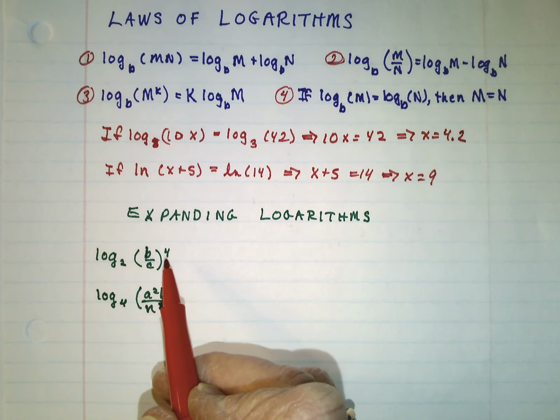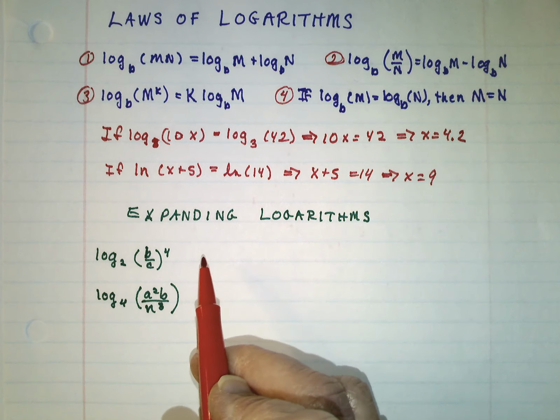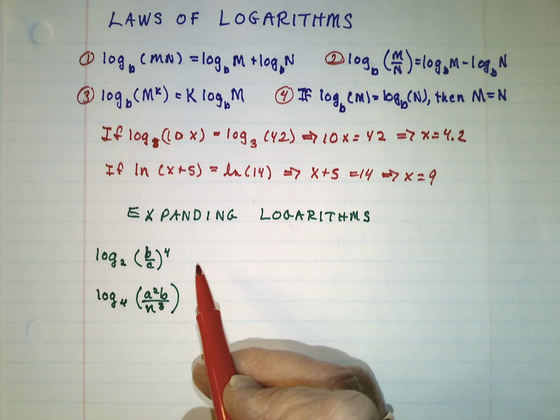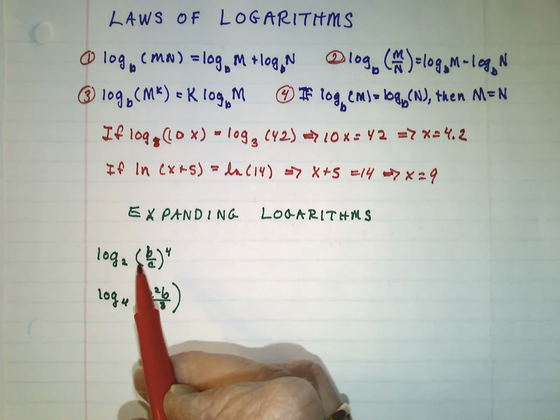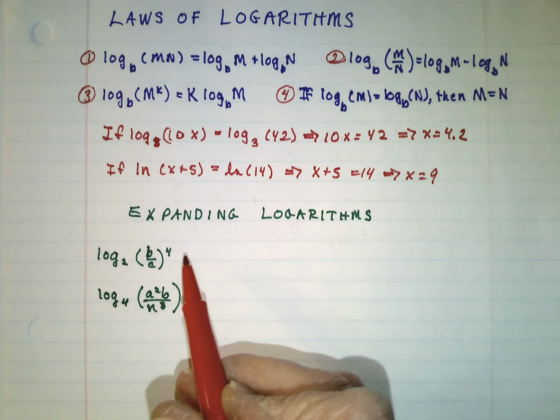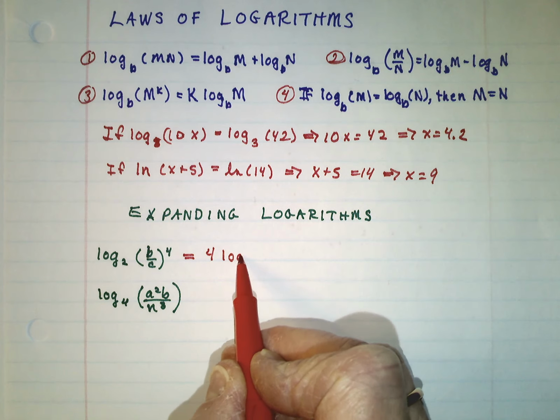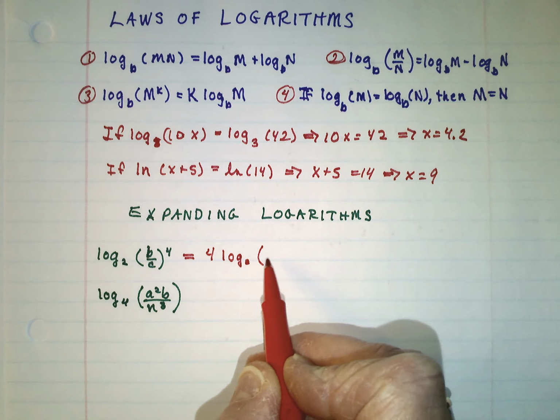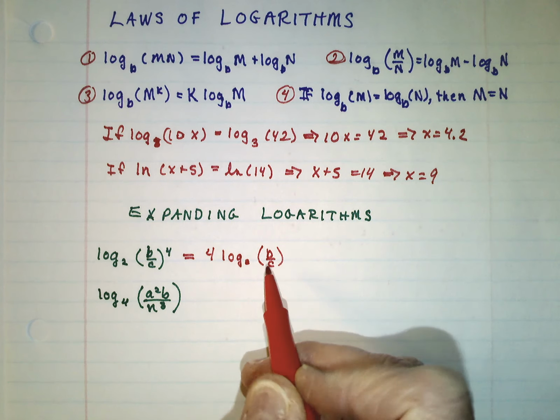We could make it b to the 4th over c to the 4th, and it would work, but it would just make the problem longer. So we're going to rewrite this power of a power as multiplication. This is the same as 4 times log base 2 of b over c.